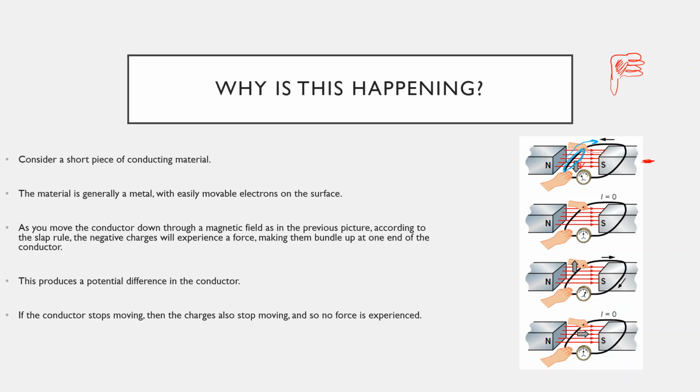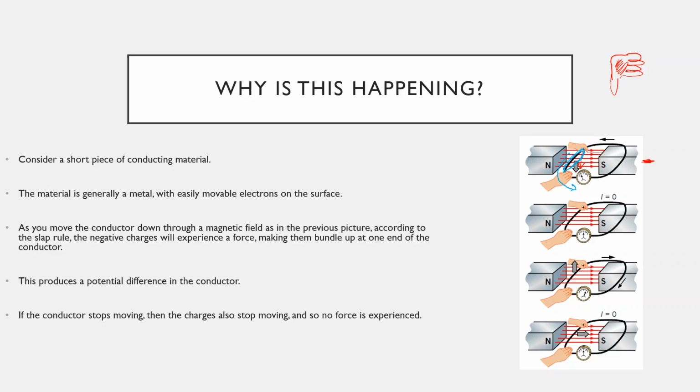So what you could do, if you wanted to, is use your right hand slap rule to determine which direction, quote unquote, positive charges would move around through this circuit, and you'll see that the positive charges would be forced to go in an anti-clockwise direction like that. And that would be your conventional current.